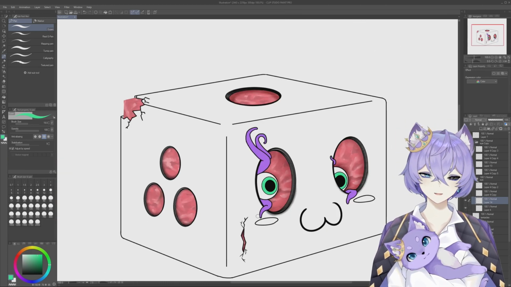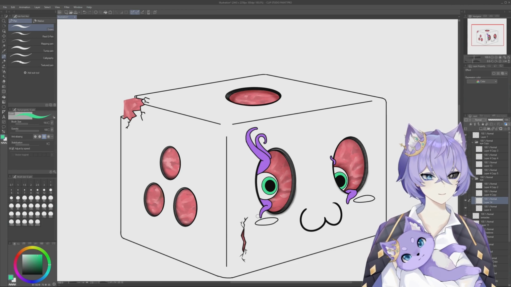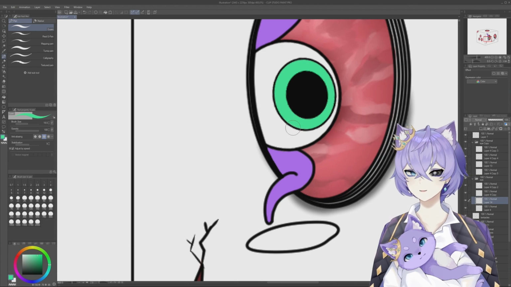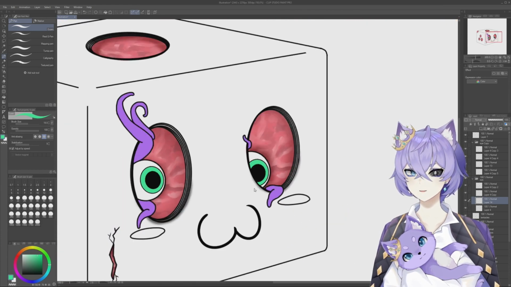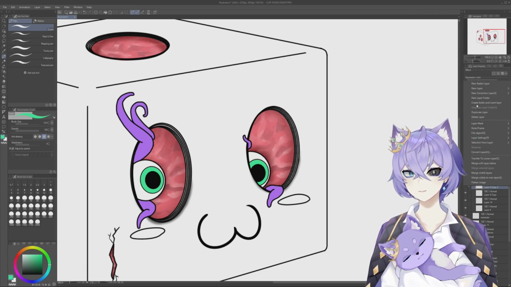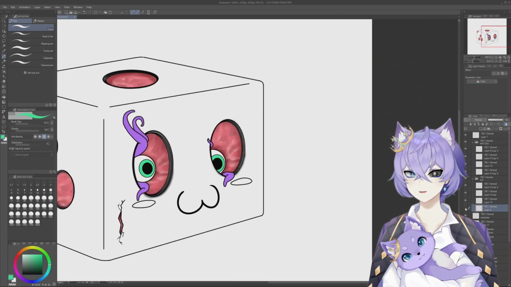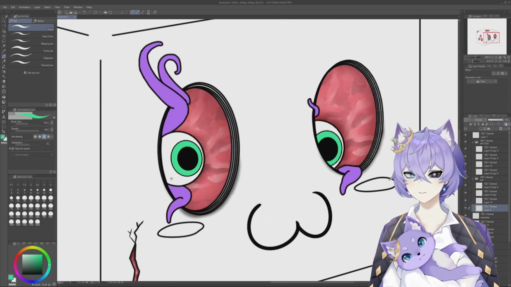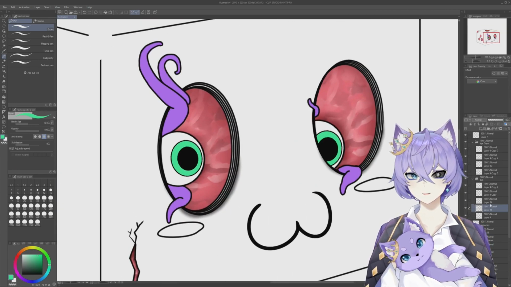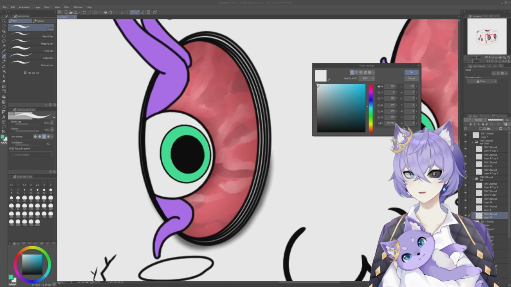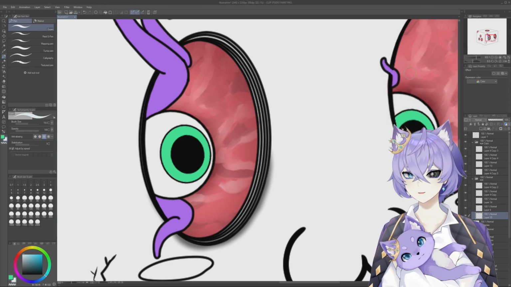There we go. And then we add a new layer underneath that to cover that with eye whites, which are ever so slightly blued.